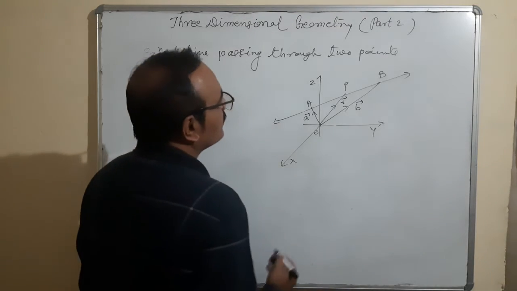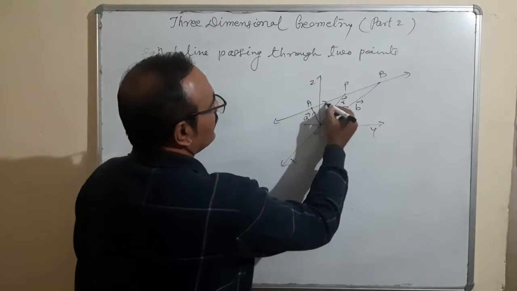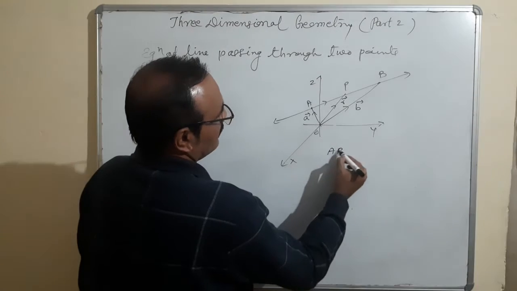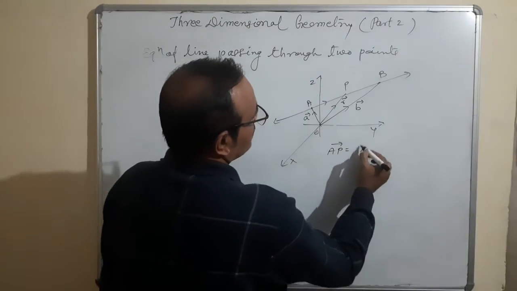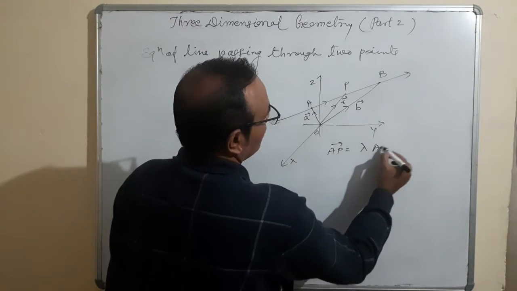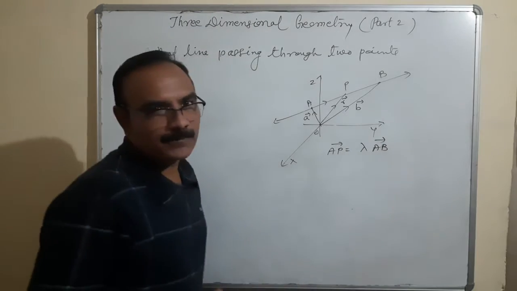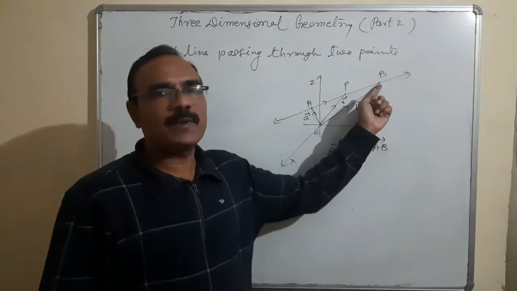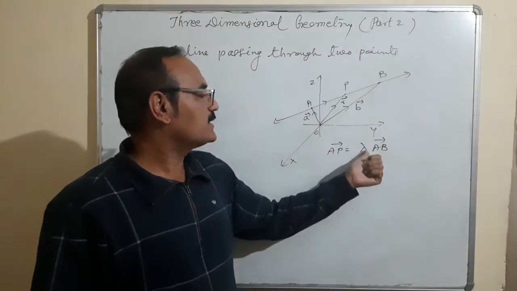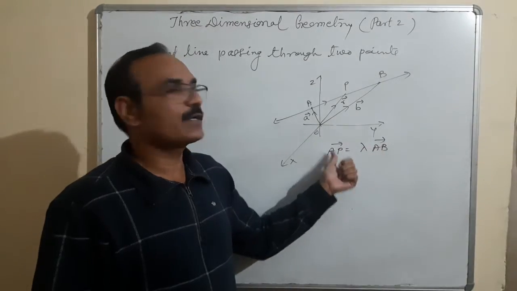So I write here one thing. This is AP, vector AP is equal to lambda vector AB. Having the same direction, this is AP, that is AB, and when we multiply any scalar quantity with vector AB, then it is equal to AP.